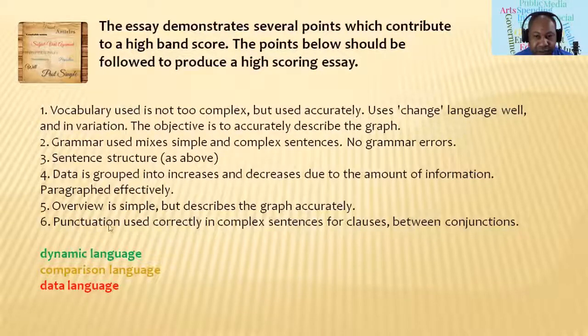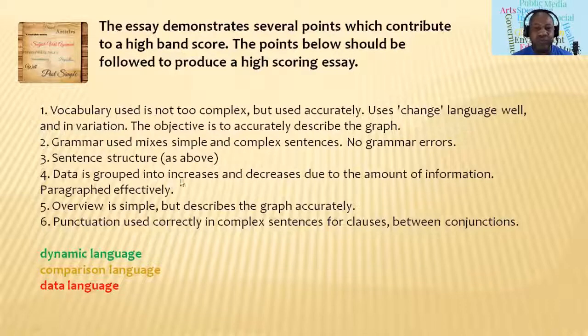Change language is in green, so review the video, look at the change language, look at the variation. Grammar uses simple and complex sentences mixed together. No grammar errors because obviously it's been written by a native. Sentence structure is the same as above, mixed and simple and complex.